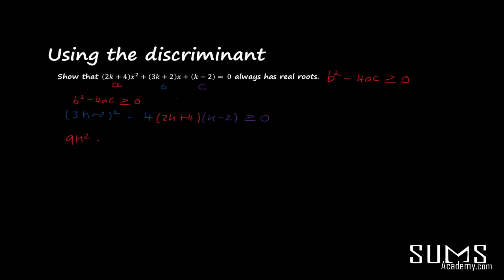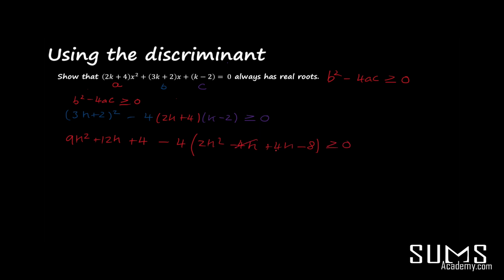Put these two together and double them, plus 12k, square the last term, plus 4, minus 4, well, 2k² and that's going to be minus 4k, then this one's going to be plus 4k. Then 4 times 2 is negative 8, and this is still greater than or equal to 0.